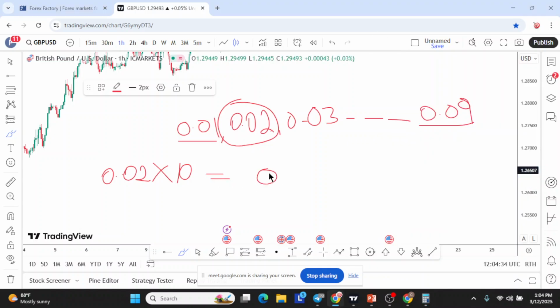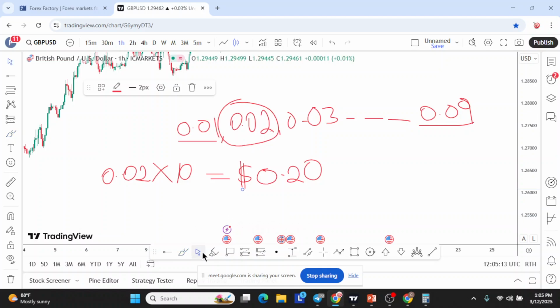So the dollar value here is 0.2, still the same thing as 0.20 dollar. You can see that now this one is not even up to $1. This is 20 cents. Just as in naira we have kobo, so in dollar we have cent. This is 20 cents, not up to $1. So every pip movement, when we are using a micro lot of 0.02, it means the market is going to be moving each pip by 20 cents.